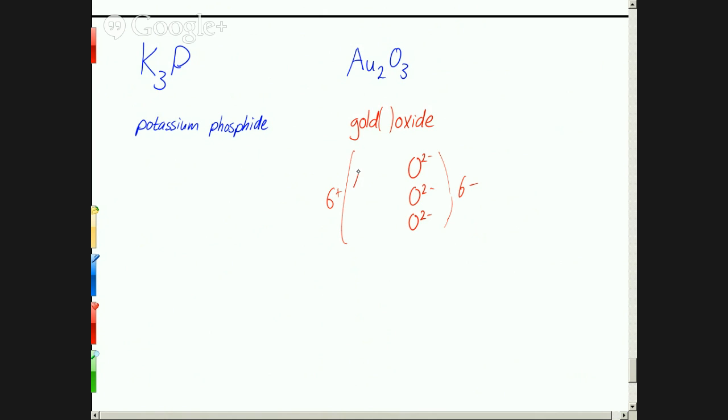Okay. We've only got 2 gold atoms based on the formula. So what do their charges have to be? Yeah, they each have to be +3, so they can be 6 together. So that means that we put a 3 in here to show that each gold ion has a +3 charge.